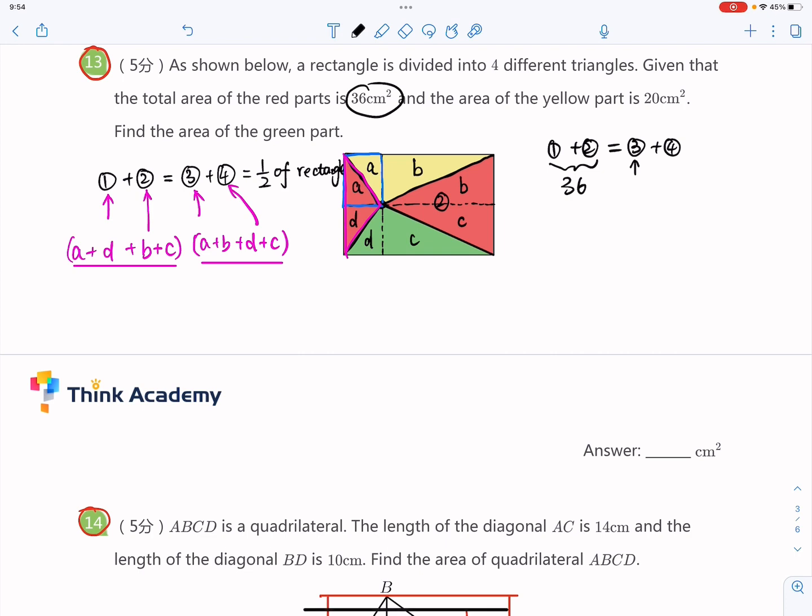That, it tells us, is 20. So the question is 20 plus what number equals 36? And I think it's pretty easy for you guys to get. You just use 36, take away 20, you get 16. And the answer will be 16 here. So that means the area of the green part equals 16 square centimeters.